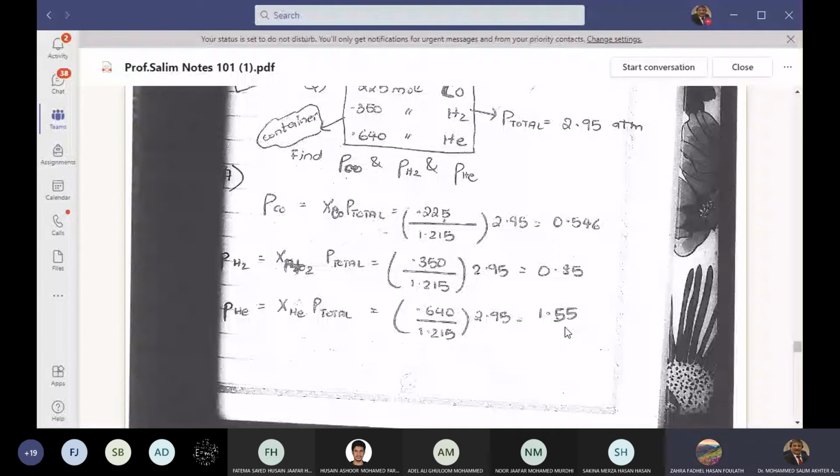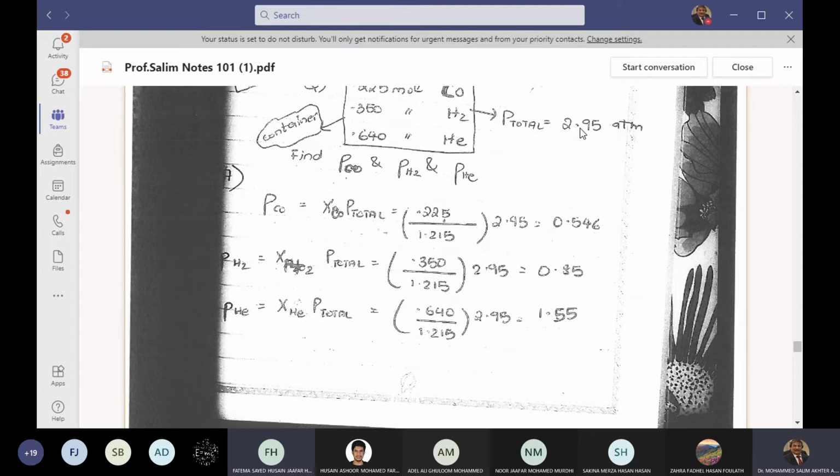Partial pressure of A plus partial pressure of B plus partial pressure of gas C should equal P total. Is this number very similar to it? Yes. It means Dalton's first law is verified and proved.